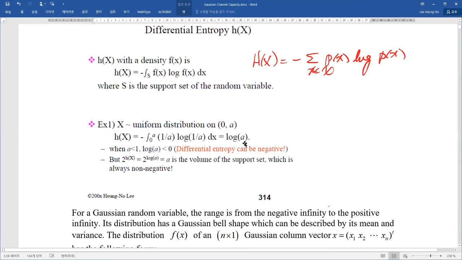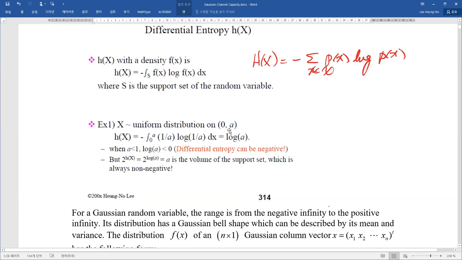Okay, so basically in this particular case, the interval takes the role of the message set, which is the size of the message set in the case of discrete random variable. So this interval has a length which is positive.